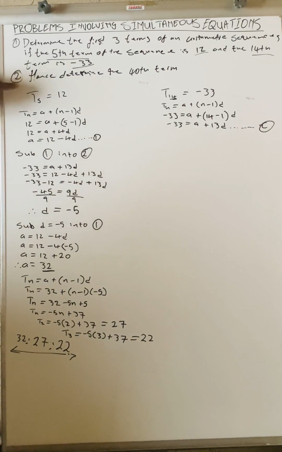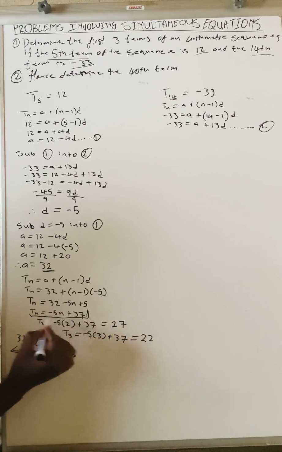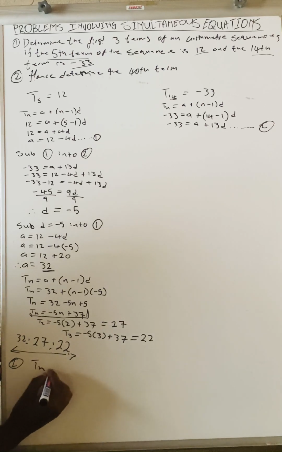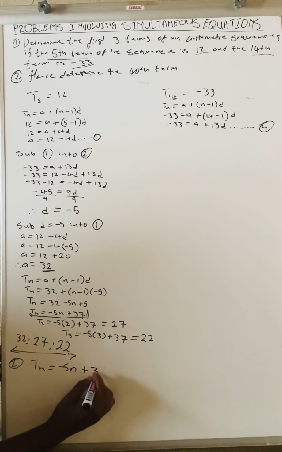The second question says, hence determine the 40th term. You already know your general term. Here you just write number 2, then you say Tn is equal to negative 5n plus 37.